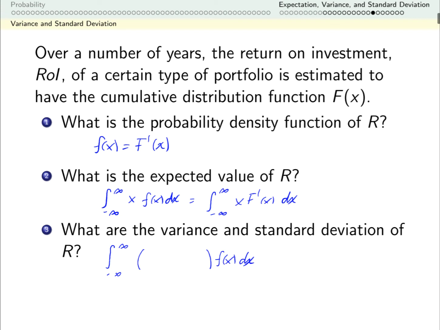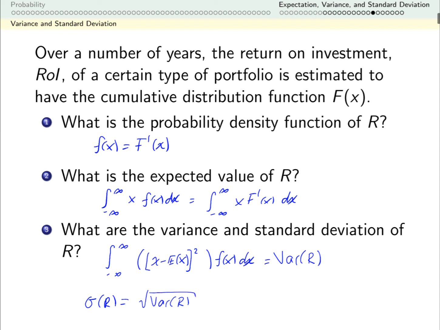And the thing we're taking the expectation of is my value minus what I expect my value to be, squared. And the standard deviation, which we denote with a sigma, this top one was the variance, or I suppose we're calling it R. The standard deviation, which we call sigma, is just the square root of the variance.